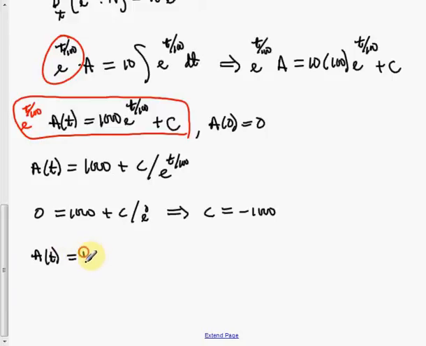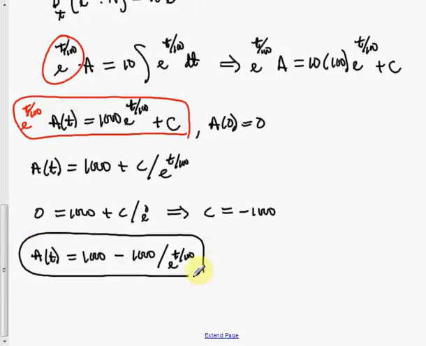And the amount is 1,000 minus 1,000 over e to the t over 100. So that's better. Okay. Thank you, Christian, for noting that at the end of class the last time.